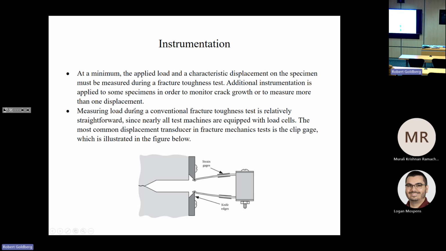And the most common displacement transducer in fracture mechanics is the clip gauge shown in this figure below, where you basically put your gauges on either side of the notch and you monitor how the notch opens as you apply load, and you can, using some of the ideas we talked about, convert that to displacement.